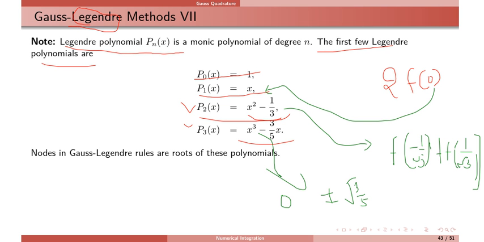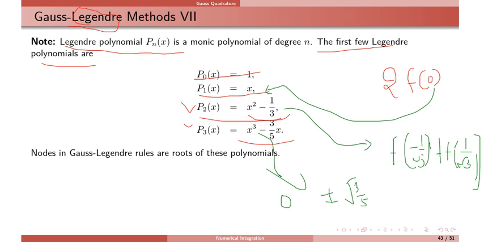So the root of p1 is the nodal point of the 1-point formula. The roots of p2 are the nodal points of the 2-point formula, and the 3 roots of p3 are nodal points of the 3-point formula, and so on. So that's why we name them Gauss-Legendre formulae.